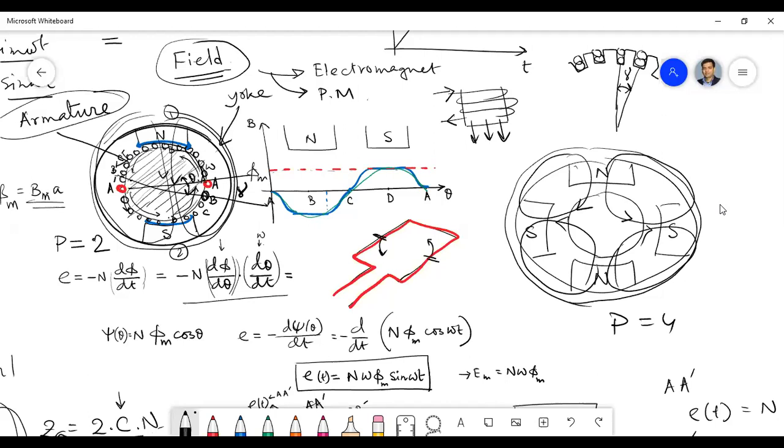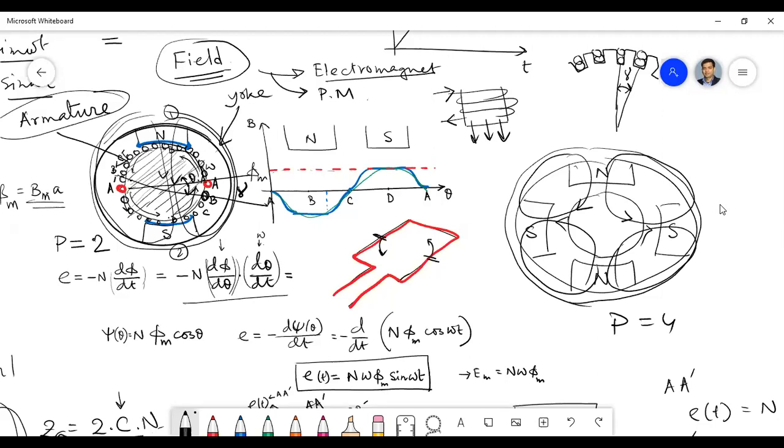So for an electromagnetic field, we need some coil and we have to flow some current through it, which is called the field current. Then it will produce some magnetic field. So for the field also you need some current, because current only can produce a magnetic field. Remember this point. Current only can produce a magnetic field.